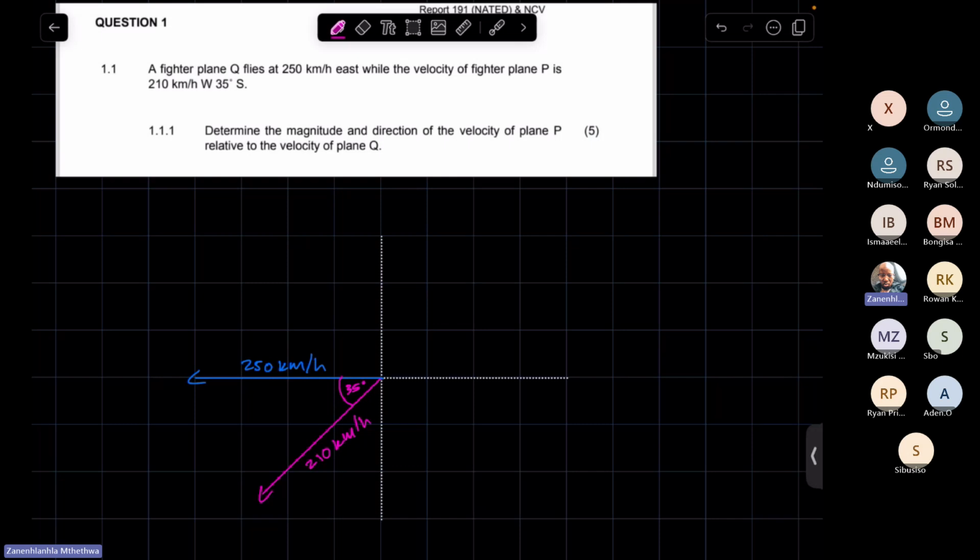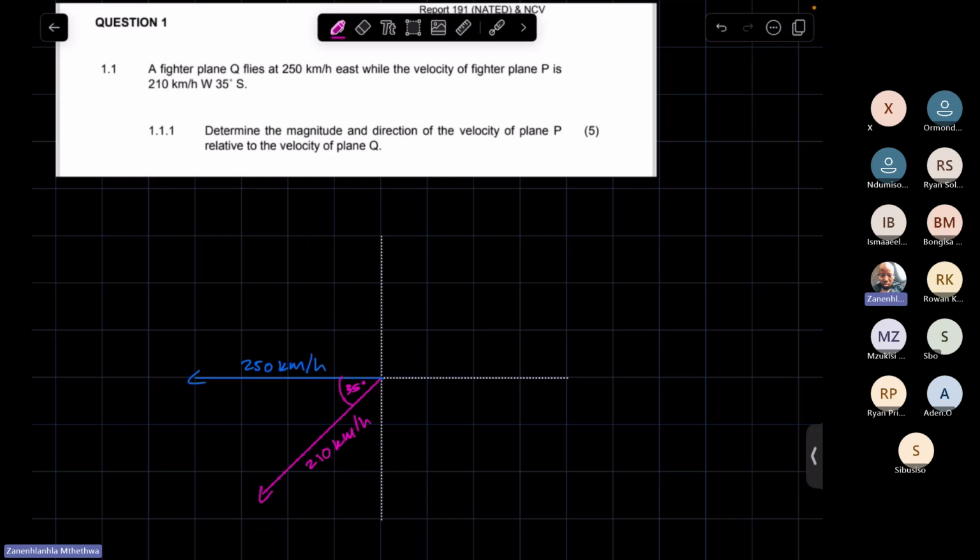Now, we are going to use the parallelogram method. Right? We are going to use the parallelogram method. What you are going to do for homework, or part of your homework, will be to use the other one, the method of components, and see if you get the same thing. So you'll have two homeworks today.